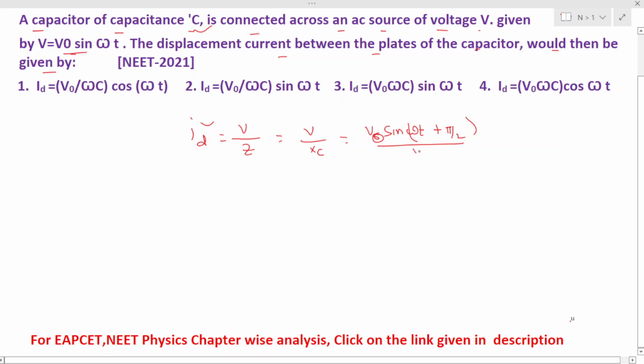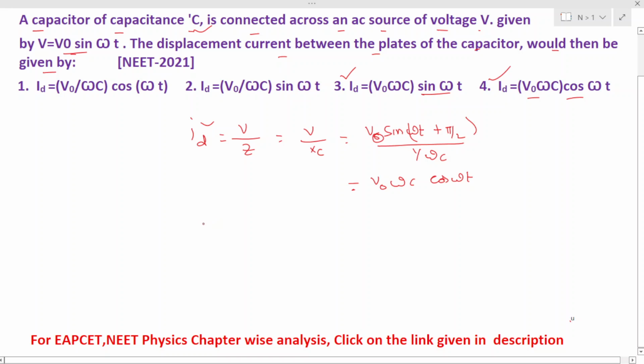XC is 1 by omega C. If this omega C goes to the top, we can write V naught omega C into sin omega t plus pi by 2, that is cos omega t. So the value of the displacement current is ID equals V naught omega C cos omega t. So this is one way of doing.